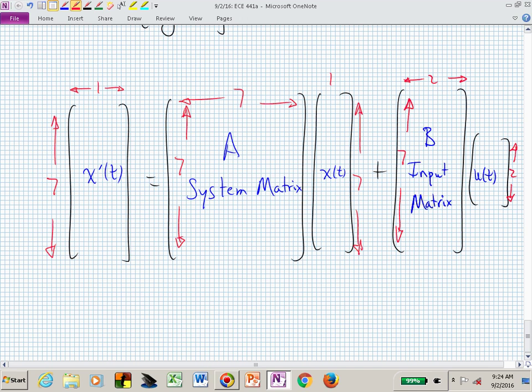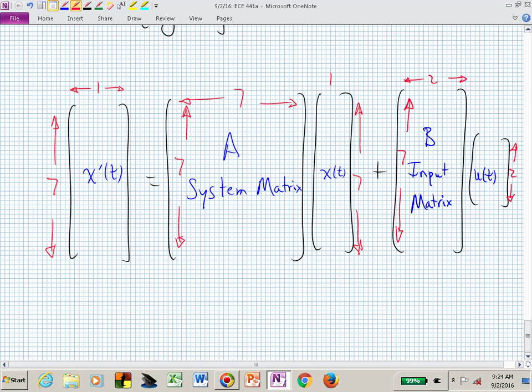Right now, how many entries do we have? We have 49 coefficients in the A matrix. And how many coefficients do we have in the B matrix? 7 in each column, 14.